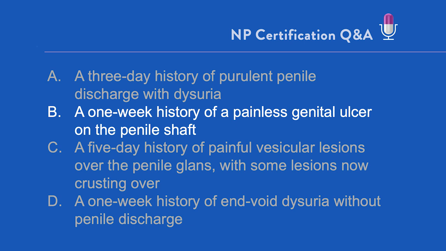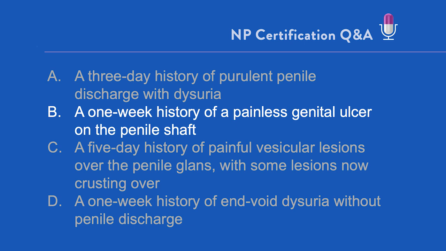This is one reason why when we see one STI, we often test for multiple STIs, because the overlap in how things can present is quite common. Suffice to say that many people, regardless of birth sex assignment, with either a Neisseria gonorrhea or chlamydia trachomatis infection are asymptomatic.